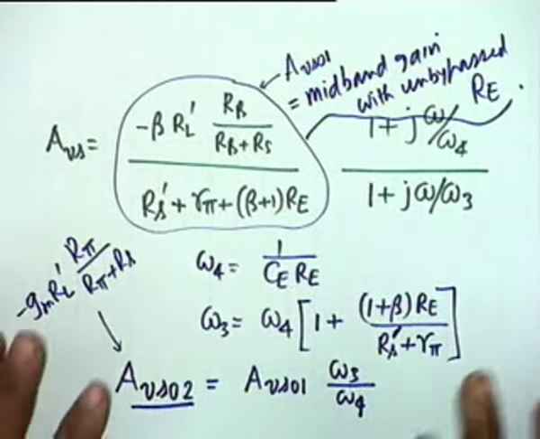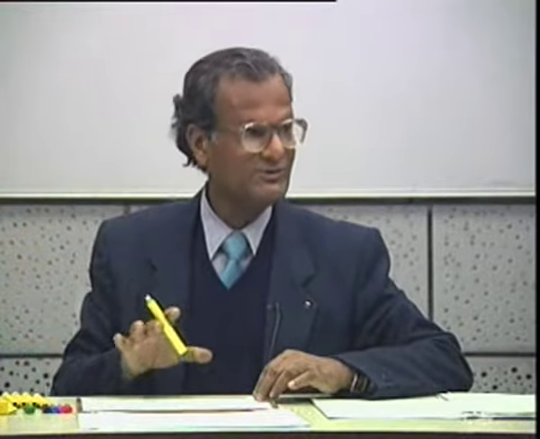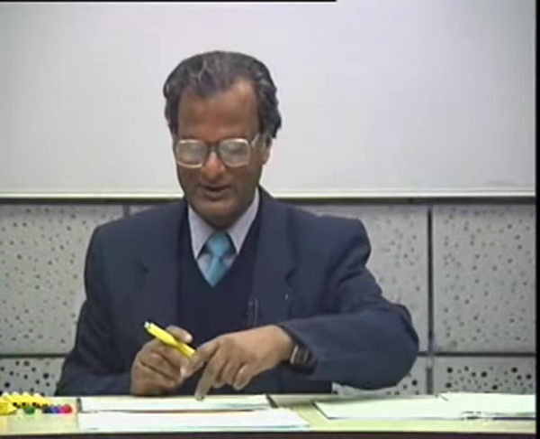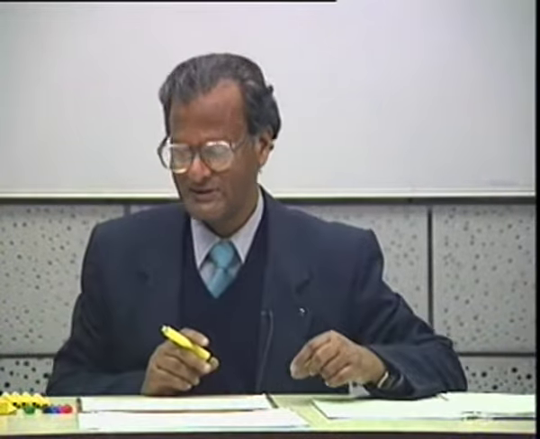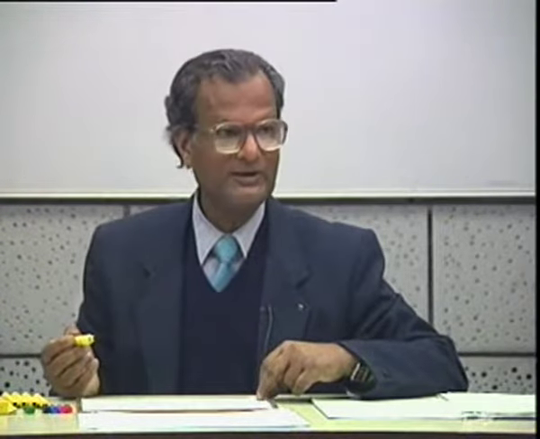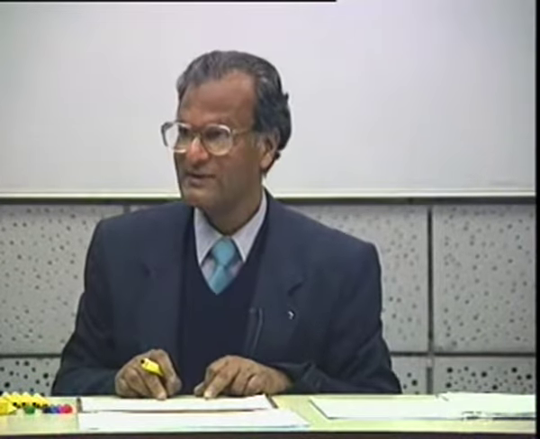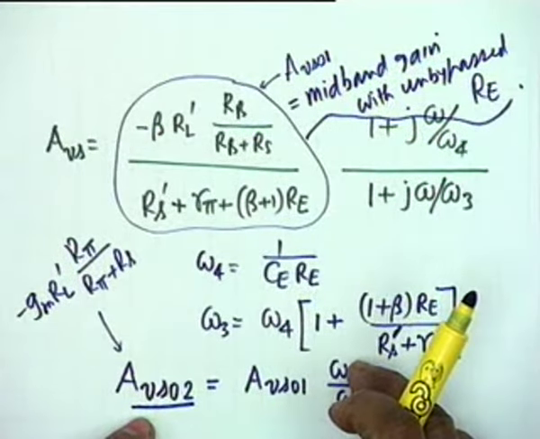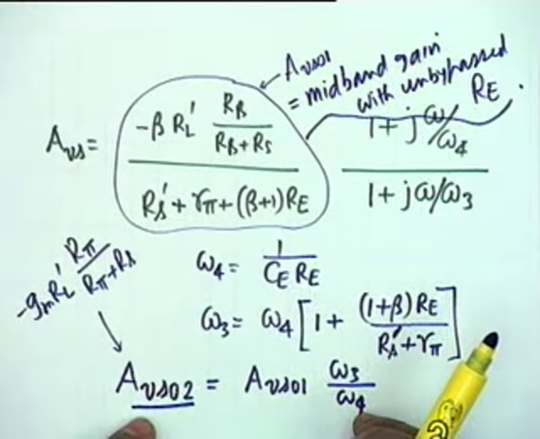All this we talked about from the expression and from common sense. You can actually show that this is true. All that is required is to manipulate this expression and the ratio omega 3 by omega 4. Which one is greater? Of these two, which one is greater? Omega 3, why? Because omega 3 is much greater than omega 4.